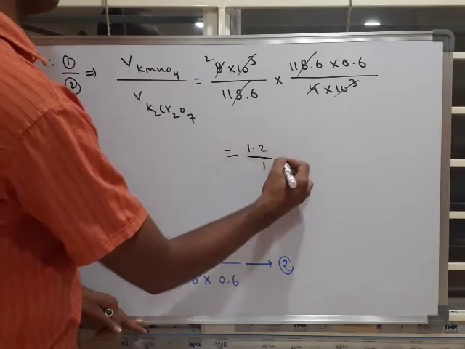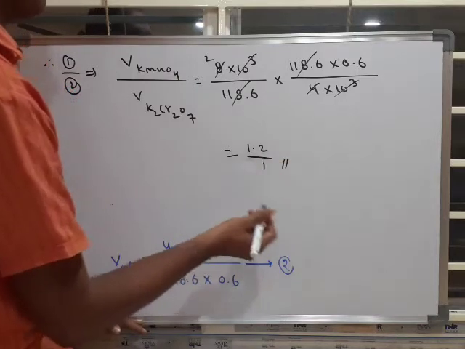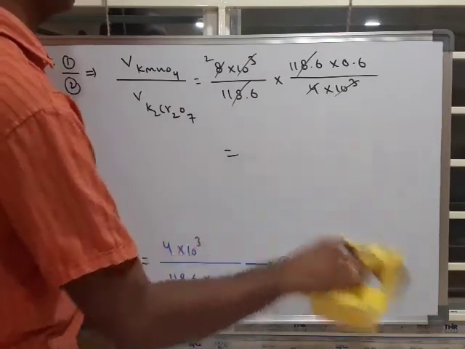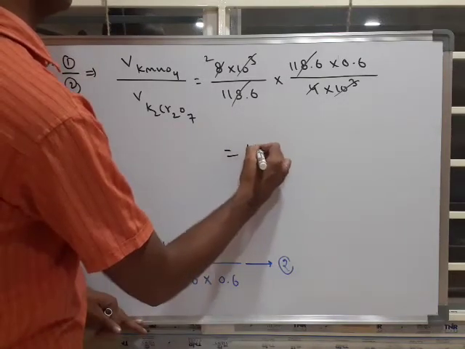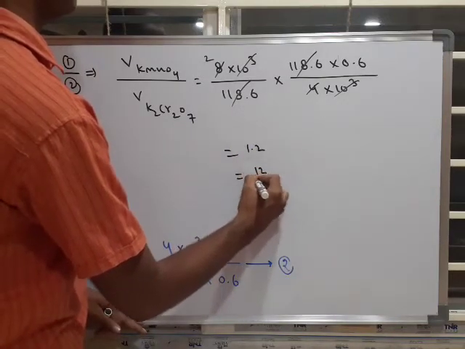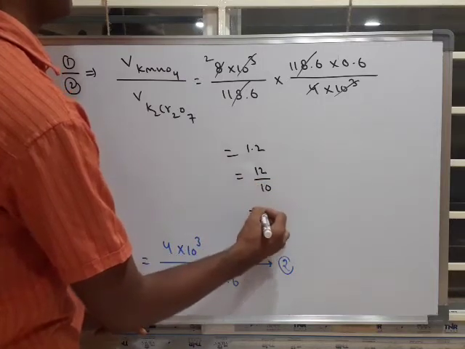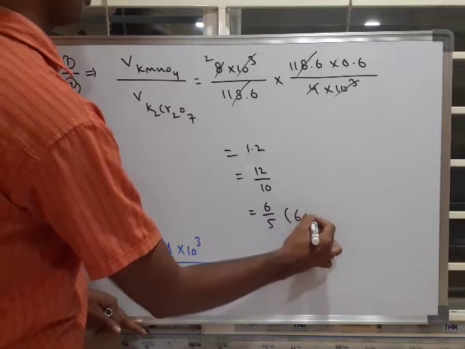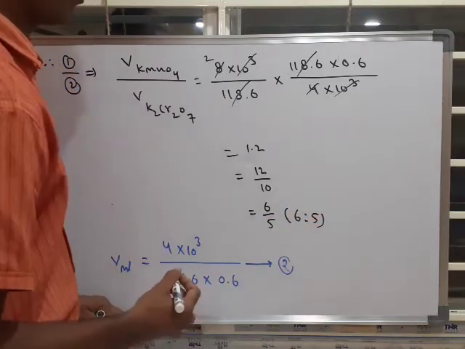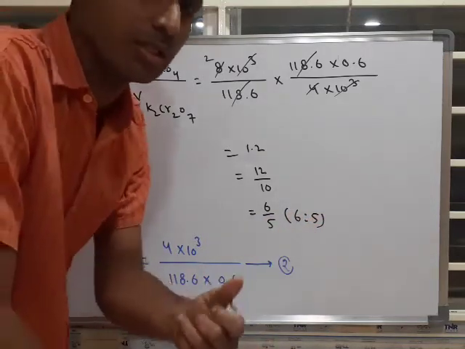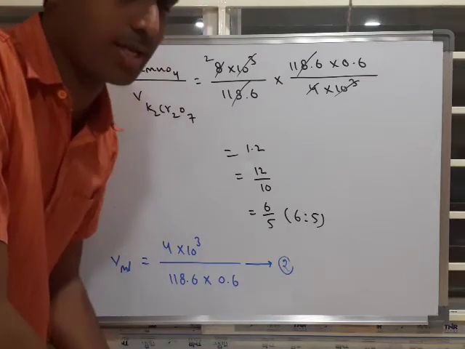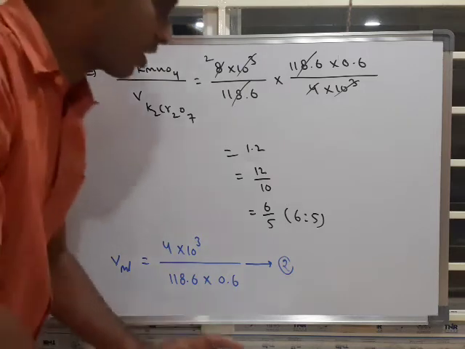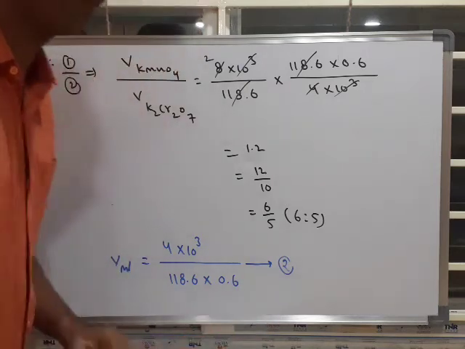So the ratio is 1.2 by 1, or we can say it's 12 by 10, or in other terms it can be written as 6:5. It depends on the given option in multiple choice questions. So the final answer is 6:5.